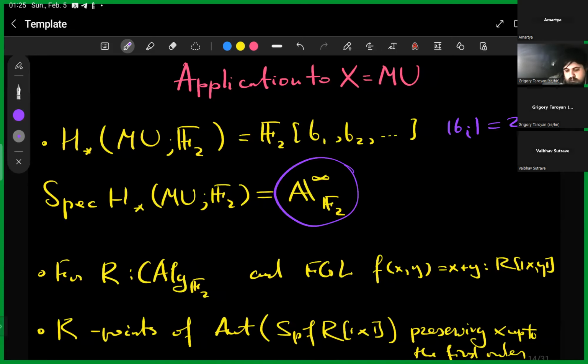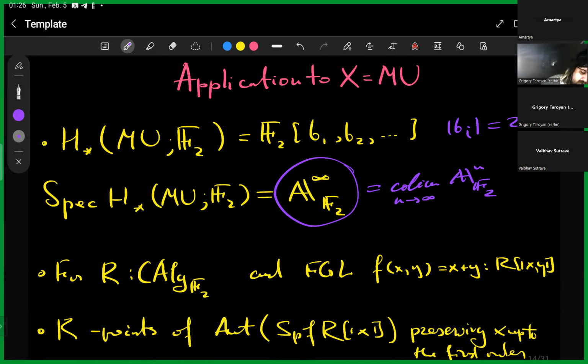An infinite dimensional affine space should be thought of as a colimit of A^n as n tends to infinity. There are several possible ways to think of an infinite dimensional affine space, but we consider this one.